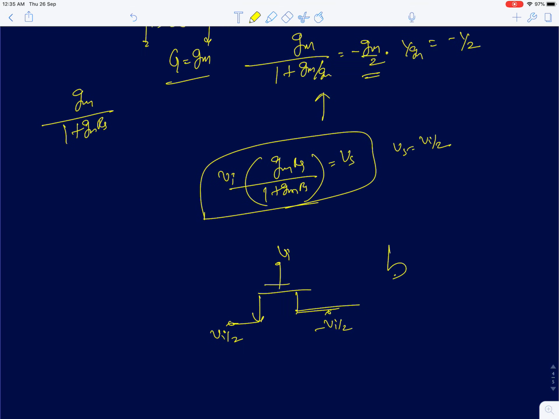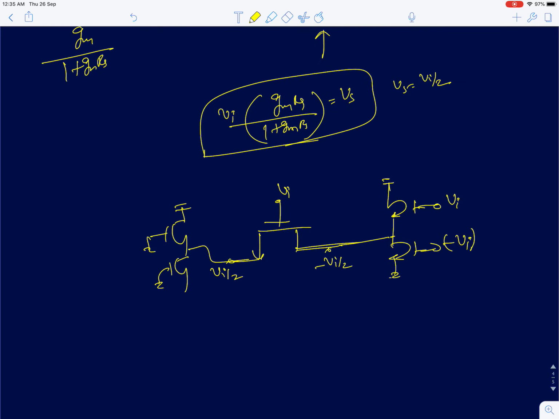Now we'll try to find the contributions of the other two transistors. I've applied Vi here, this is AC ground, and I've applied minus Vi, as we just discussed in the last problem a few moments ago when we found the gain. So when you're trying to find the contribution from the other two, you have to ground this.